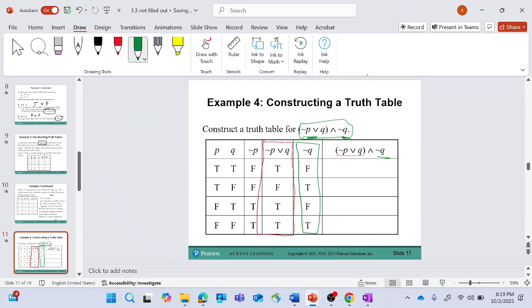Then I negated the P, so I'm going to figure out, well, what about not P or Q? I want to figure the truth values for that, right? That's why we put the not P here, and I figured out the first part, the not P or Q, with this column here. And then I figured out, well, I need the other side of that, the not Q's. So I made a column for that. And then ultimately, I'm going to put it all together in that last column.